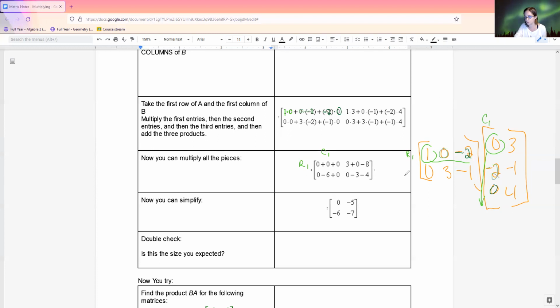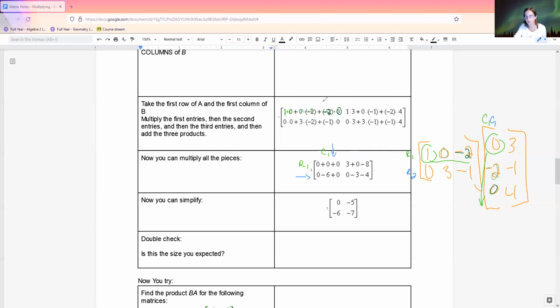See how I have 2 rows? I'm going to put that one in blue. So I have a row 2 and a column 2. That gives me my 4 pieces. That's where your pieces all come from. Okay, I've got my row 2, and I'm going to do column 1 with this one.